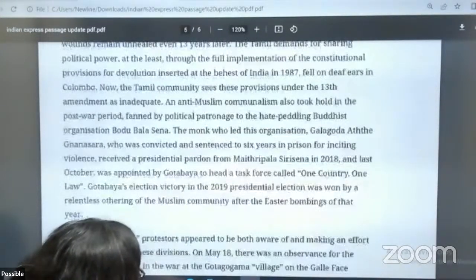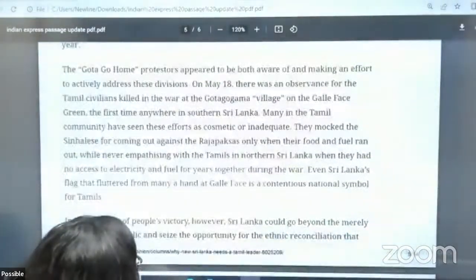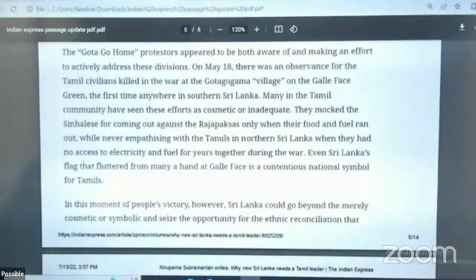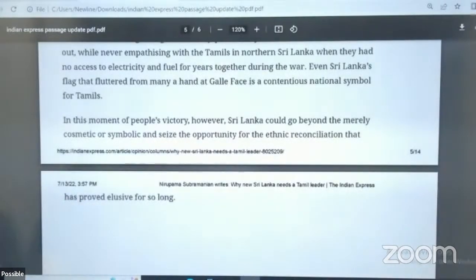So I think 11th is done. Twelfth paragraph and then the last one. And finally, the last bit.